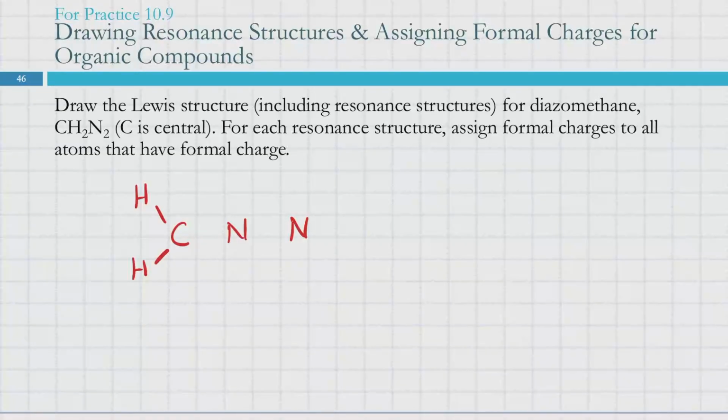We get some bonds to connect everything together. We can do more bonds, and we're going to need some lone pairs on the far nitrogen. This is not how I would expect you to come up with it. I just want to skip past the Lewis structures part. So this is one possible configuration.